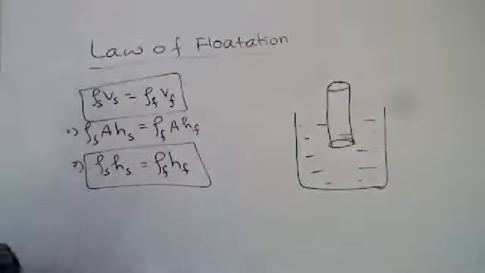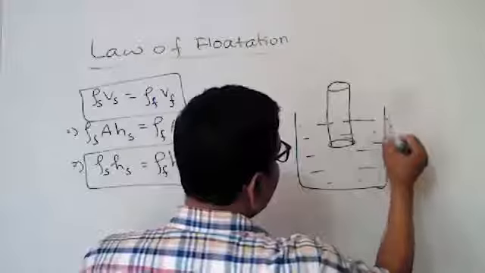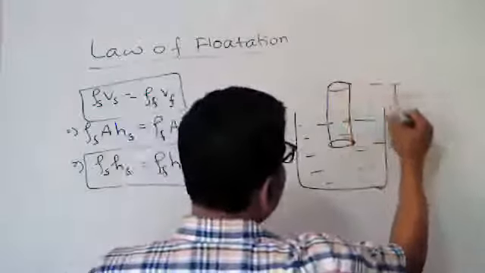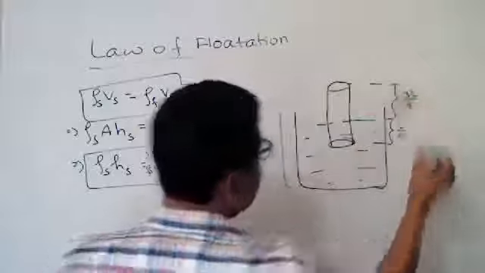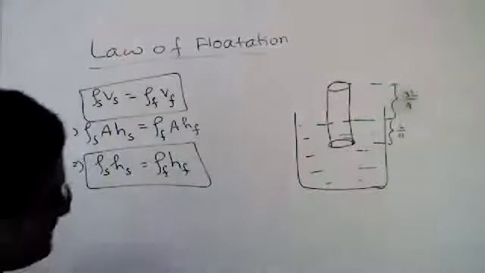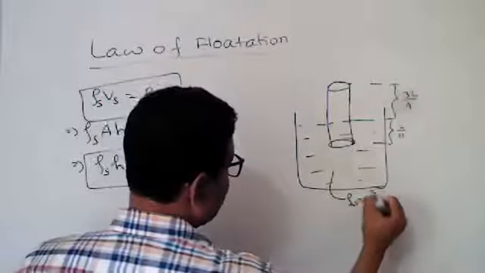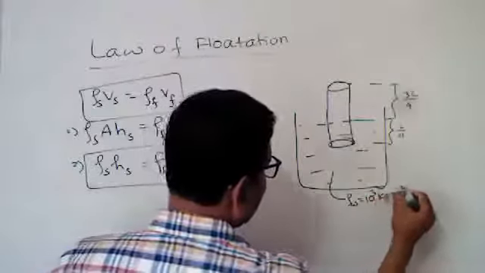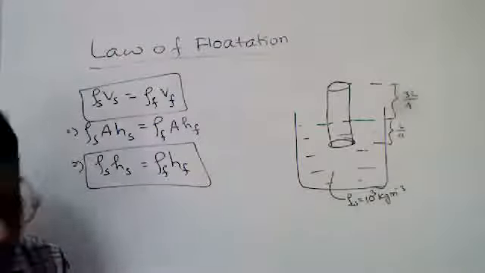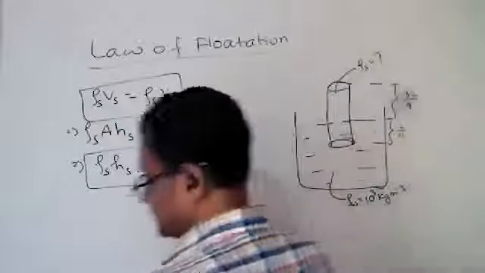The submerged part of the cylinder in the liquid is 3L by 4, and the part above is L by 4. The density of the water, rho W, equals 10 to the power 3 kilogram per meter cube. What is the density of the solid?